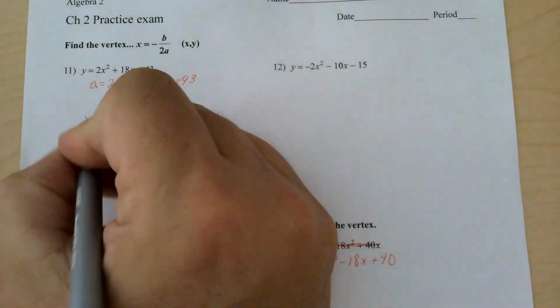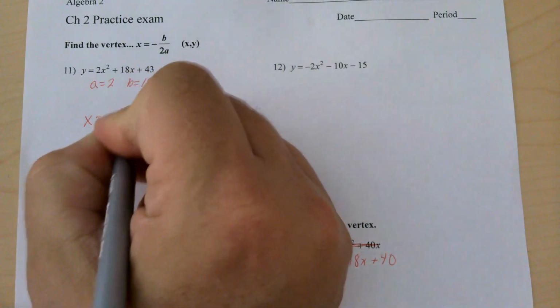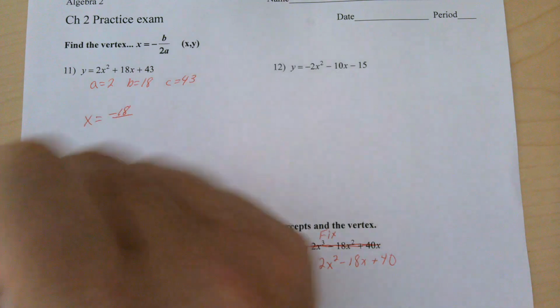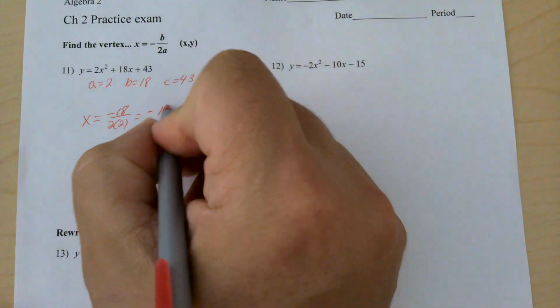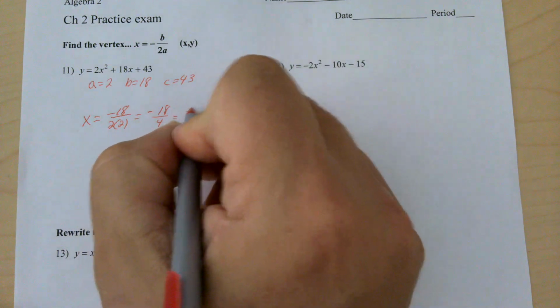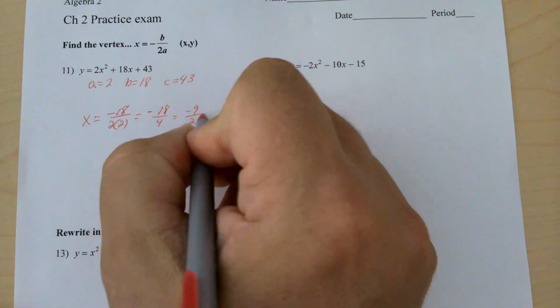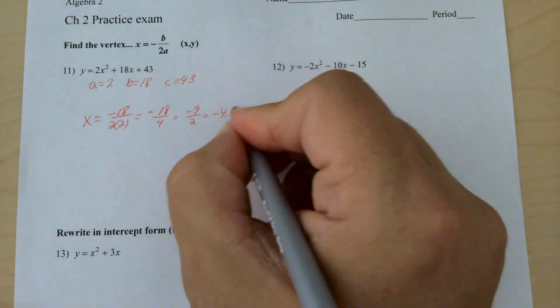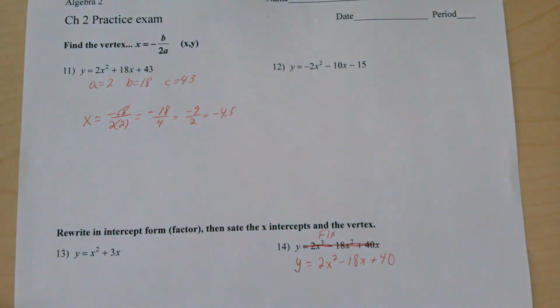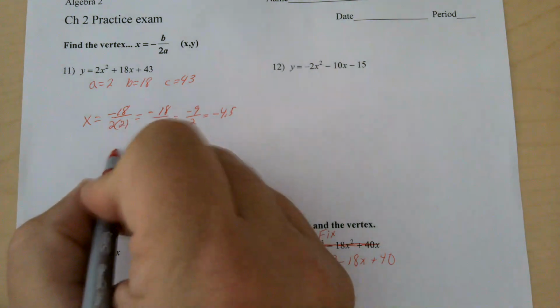So I'm really only interested in opposite of 18, so it's -18, over 2 times 2. Okay, so this is really going to be -18 over 4. It's really -9/2. And if I actually divide, I'm going to get -4.5. Okay, half of -9 is -4.5.